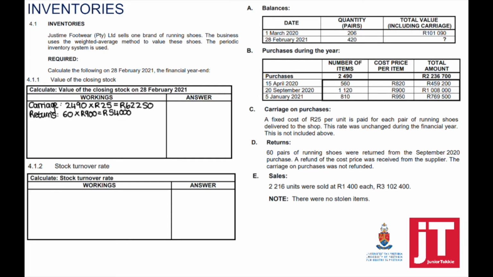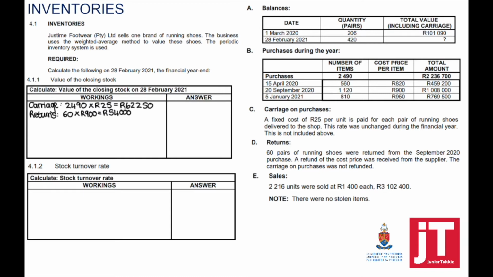Now I'm going to go ahead and calculate the average price. To calculate your average price, you have to take your opening stock plus net purchases. In other words, purchases minus returns, plus any additional costs.